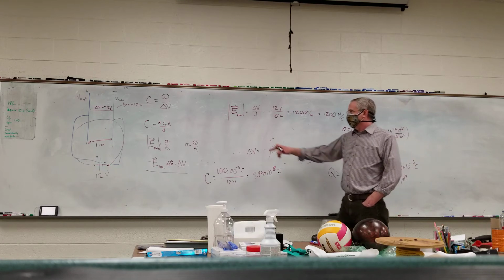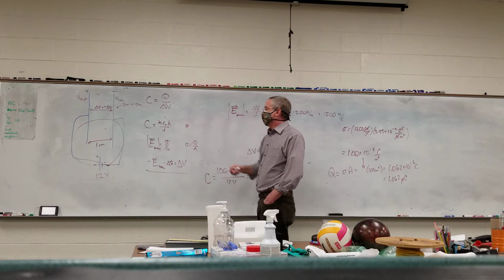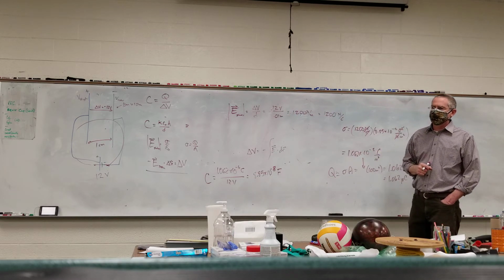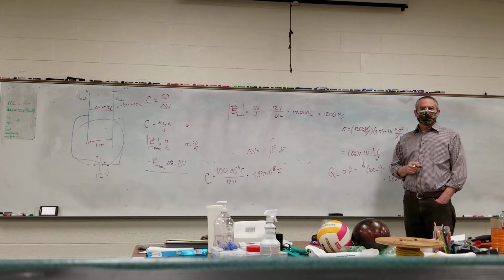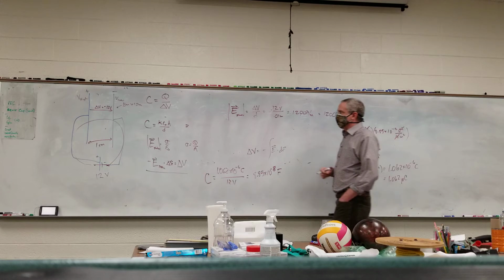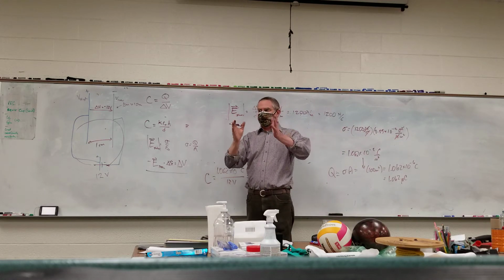And using the other formula here, what's kappa in this particular situation? What is the dielectric constant? 1. Close enough. Yep. If there's nothing in between them, it is indeed 1.